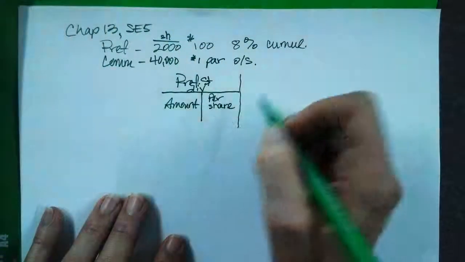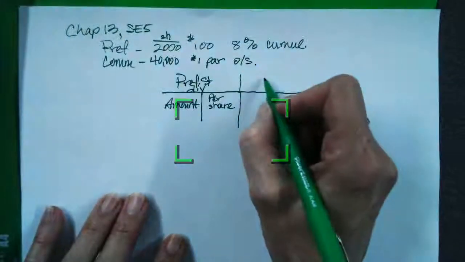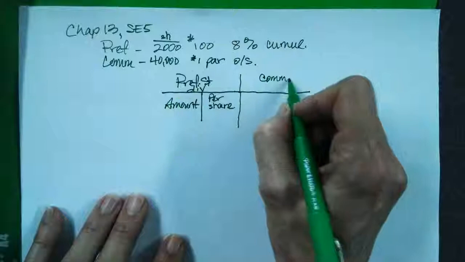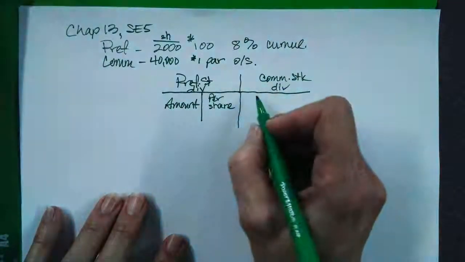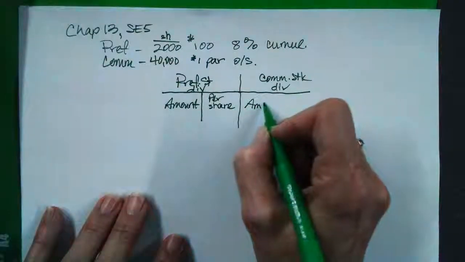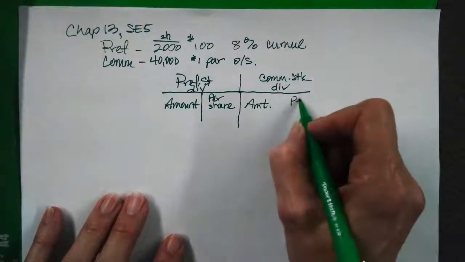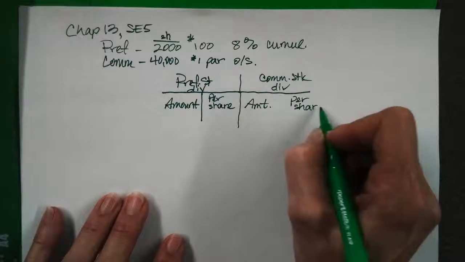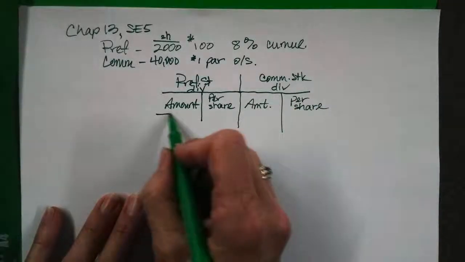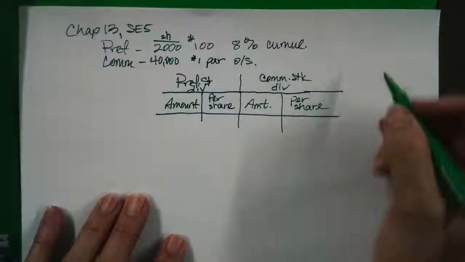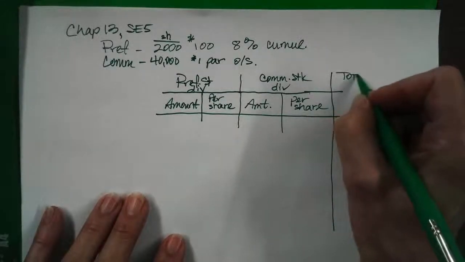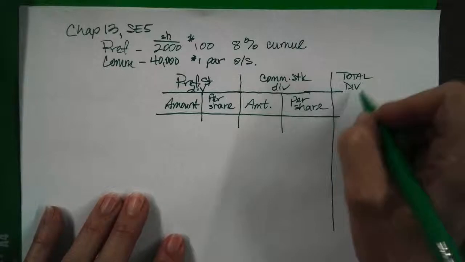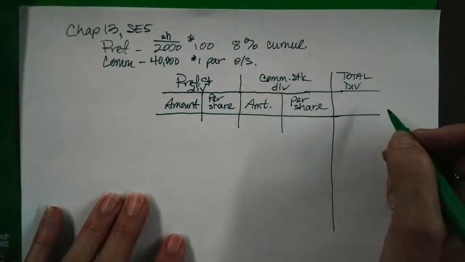I've got common stock dividends, and I've got an amount we're going to pay out, and I'm going to notate what that worked out to be per share. And then I've got to keep track of total dividends to make sure I don't give out too many dividends. Okay? Total dividends.